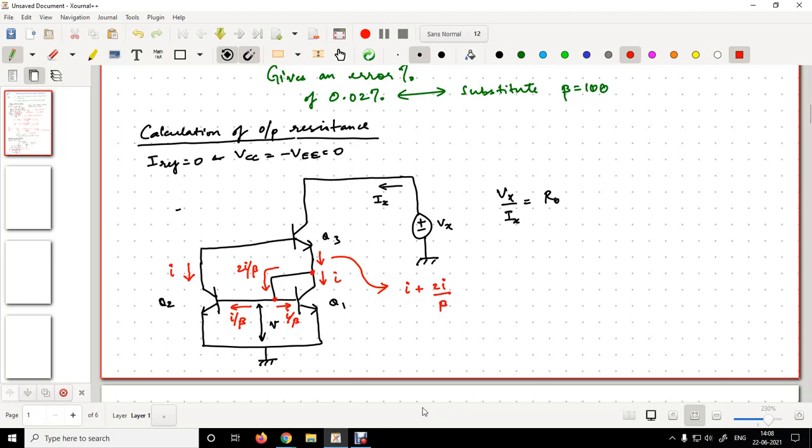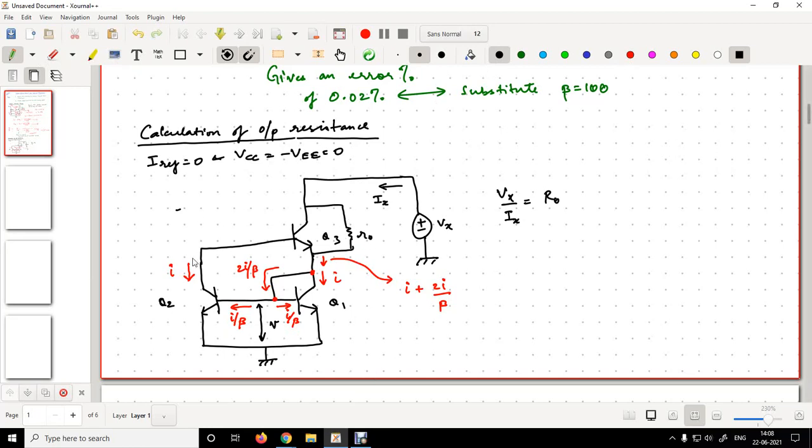Okay, here Q3 will have a resistance across it, like this. This current is this. Okay, this resistance I will call it as R naught.